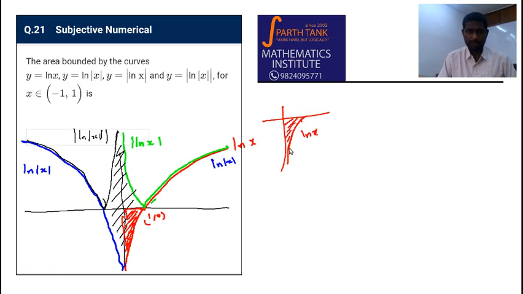I'll take this area between 0 and 1 and multiply that by 4 to get the whole area. So this is the integral of log x dx from 0 to 1. But this is going to cause some trouble.